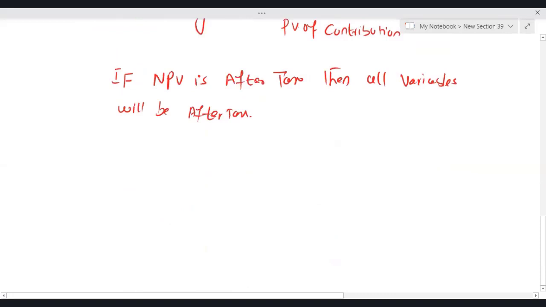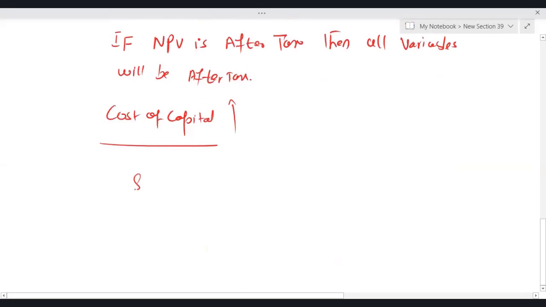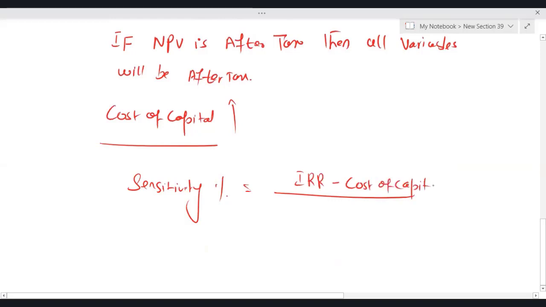Okay, if you are applying sensitivity analysis on cost of capital, obviously when cost of capital rises, then NPV becomes 0. Sensitivity percentage: IRR minus cost of capital divided by cost of capital into 100.